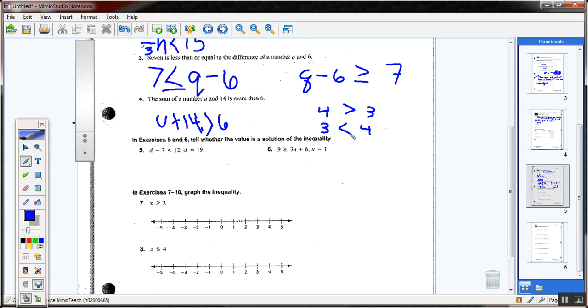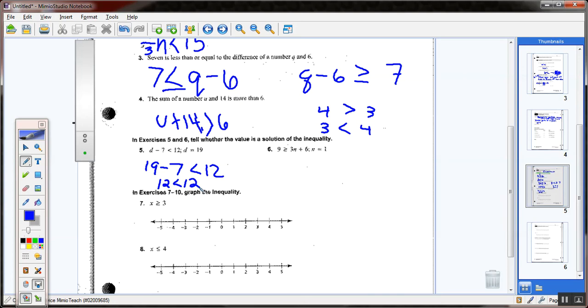Number 5 talks about, is something a solution or not? Take a look at this right here. It says d minus 7 is less than 12. But we want to know if d equals 19 is a solution. So they're simply saying substitute 19 in there. So let's do that. 19 minus 7 less than 12. Guys, when I do my calculation over here, what's the left side become? 12 is less than 12 is my comparison.